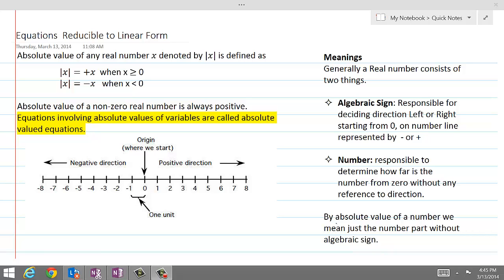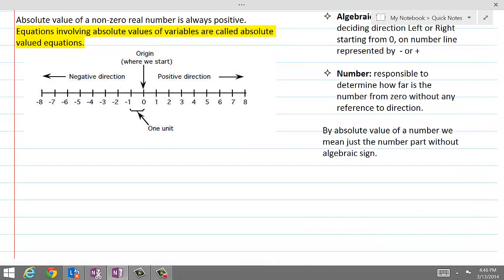algebraic sign. So if you have a negative number, let's say minus 3, then the absolute value of minus 3 will be represented by placing straight bars around minus 3.